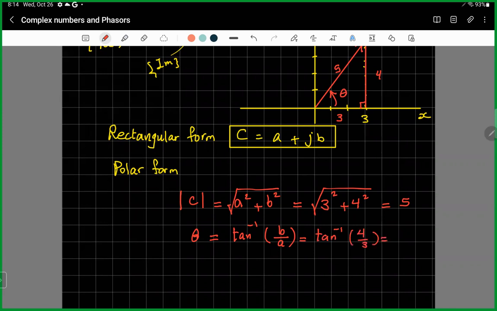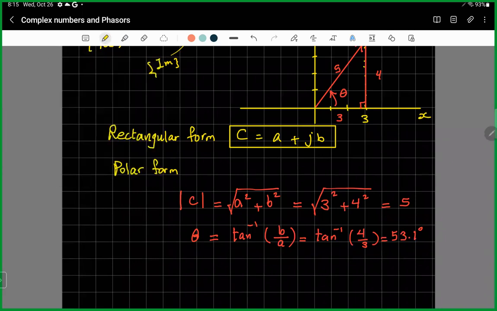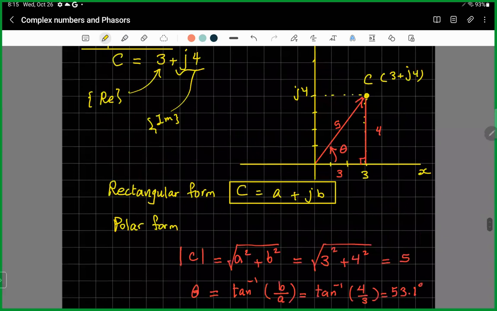I will use my calculator here to find arctan of 4 over 3, and I use degrees here. So I got 53.1 degrees. So now I know the length of this line is 5, and the angle is 53.1 degrees.